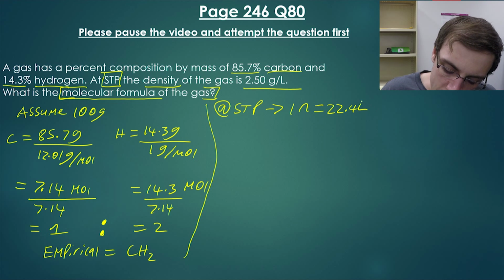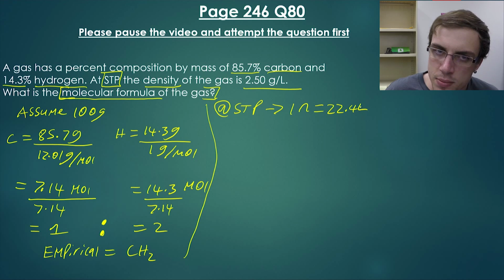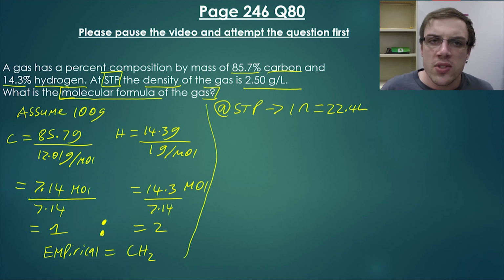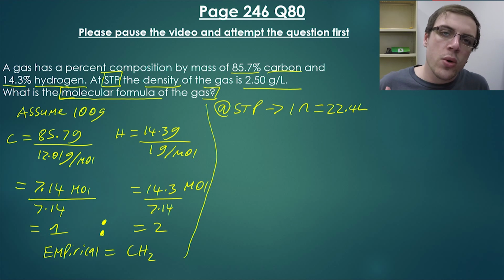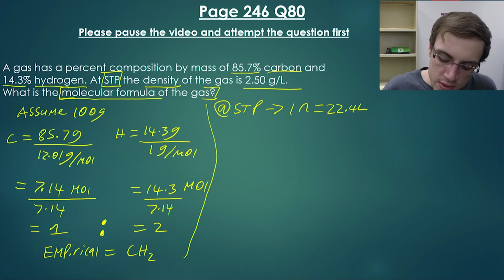We know that at STP, 1 mole is 22.4 litres. We have over here that the density of this gas is 2.5 grams per 1 litre. So we can use both of these to convert our units.